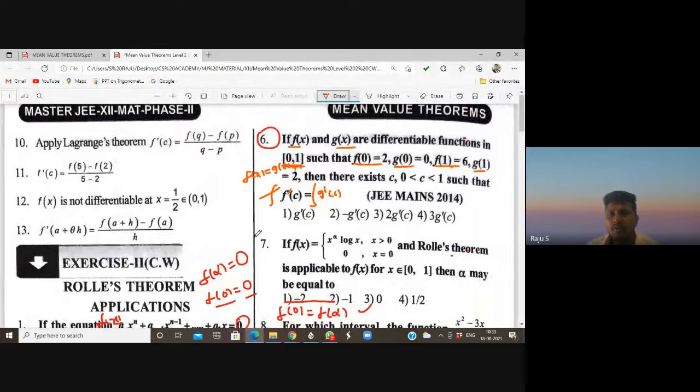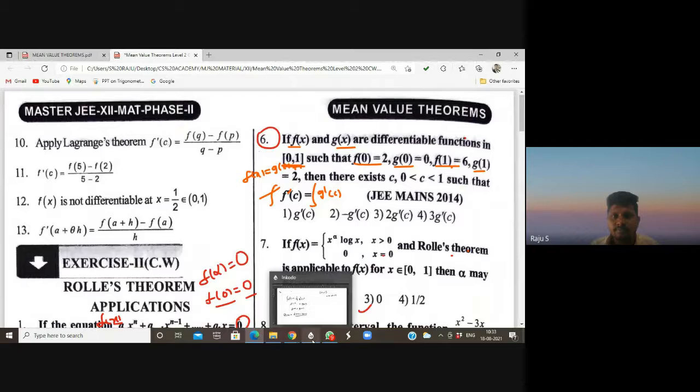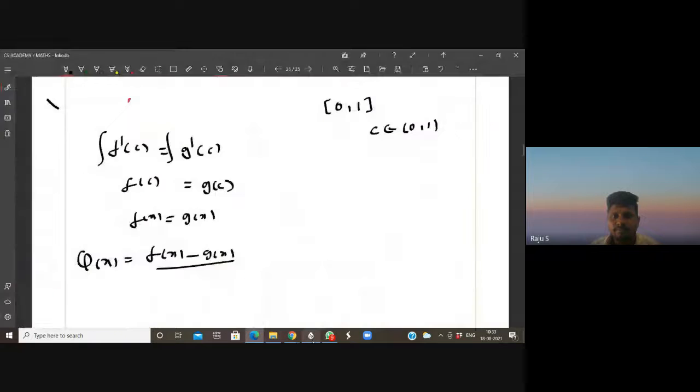When I take phi dash of x, is the property satisfied? Students, see here. What is phi dash of x? Phi dash of x is f dash of x minus g dash of x.